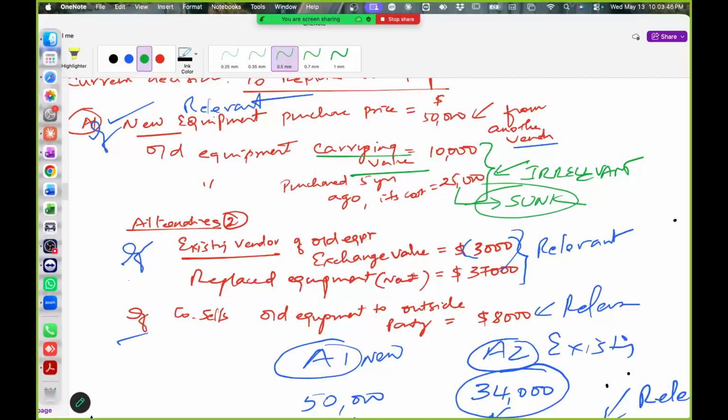So, sunk cost, common cost, unavoidable cost, past cost, even allocated cost, shared services cost. For example, your receptionist cost is a shared cost.